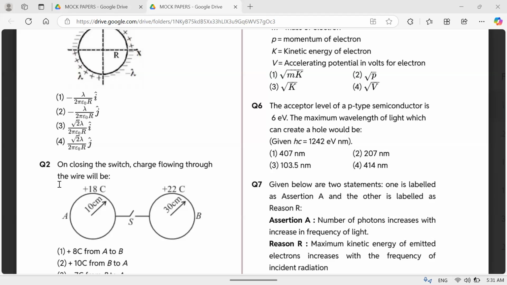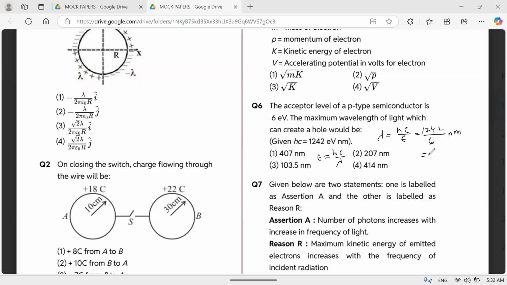Make it fast. De Broglie wavelength lambda is equal to hc divided by energy. Energy of the photon is hc divided by lambda, hc value is 1242 electron volt nanometer. Energy is given how much for me? 6 electron volt. This one is in nanometers.